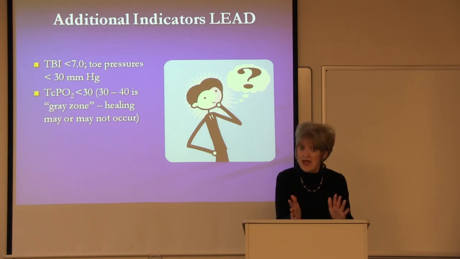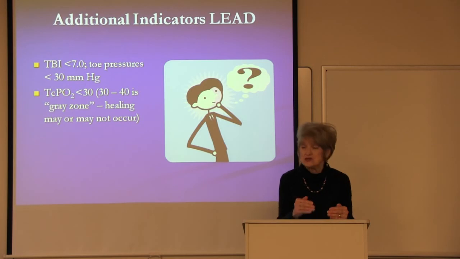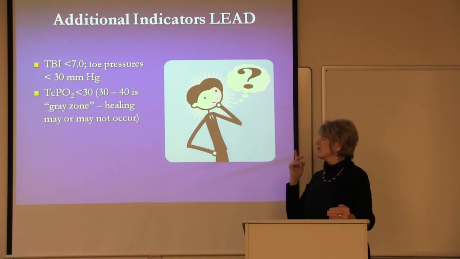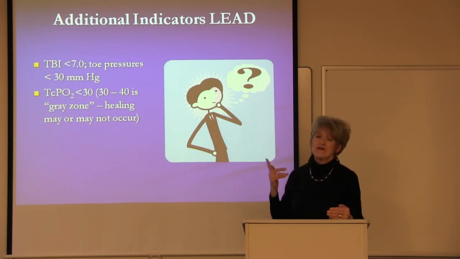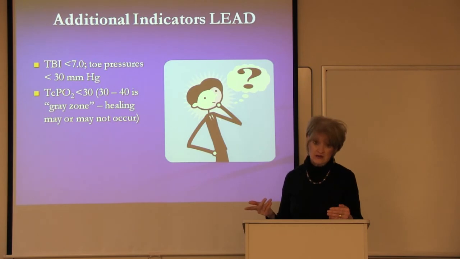So you may have access to a lab that can do TCPO2 studies for you, and that can be very beneficial in actually determining how much oxygen is getting to the tissues. Now, as you see, TCPO2 levels less than 30 are considered indicative of significant disease and very poor potential for healing.